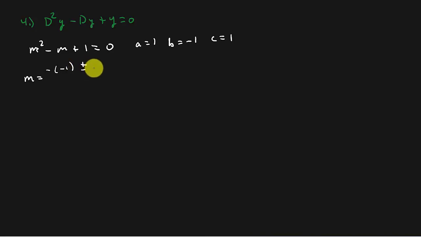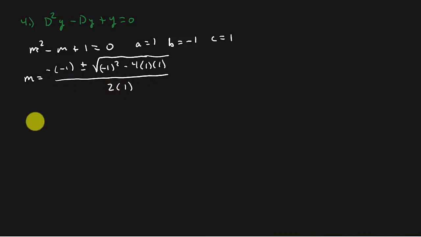All right, and that's plus or minus the square root of b squared minus 4 times a times c, all over 2 times a. And so we get m equals 1 plus or minus, that's 1 minus 4, which is negative 3, square root of negative 3 over 2.